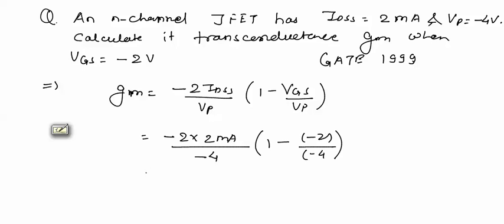Solving this, we get -4 into 10 raised to power -4 divided by -4 into 1 by 2. It will be 0.5 millisiemens.